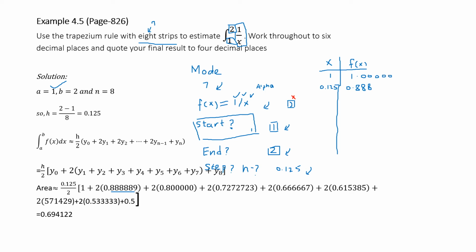Anyway, the next one you will see in the calculator, it will be 1.25, and for this it is coming 0.8.